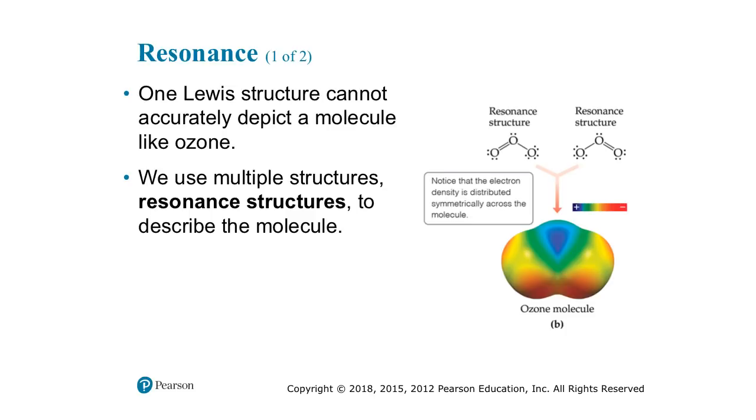So we have resonance structure 1, resonance structure 2. The real molecule exists as a composite of the two. Okay, so when we have two different yet equivalent Lewis structures, the real molecule is a blend between the two. Notice how these bonds look exactly the same? It's because they're both describing a bond that's equally halfway between single and double.